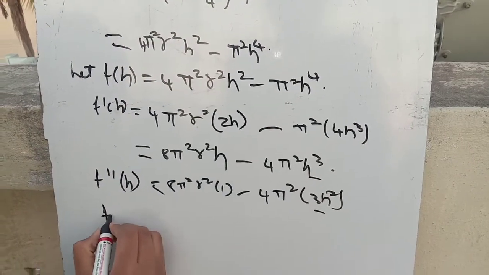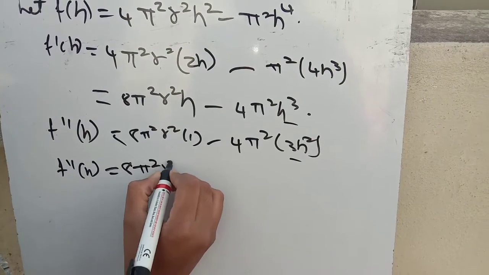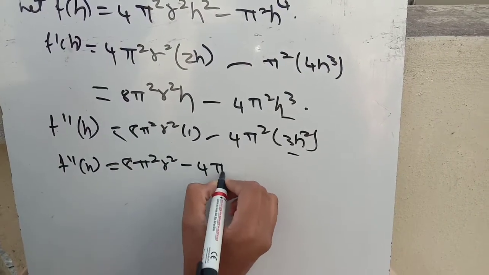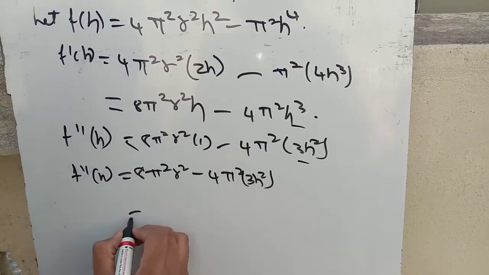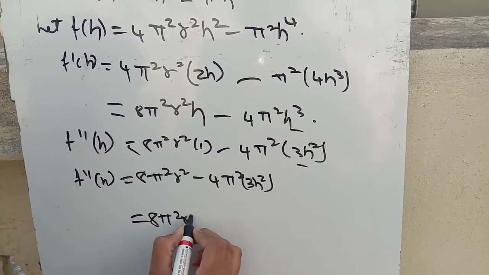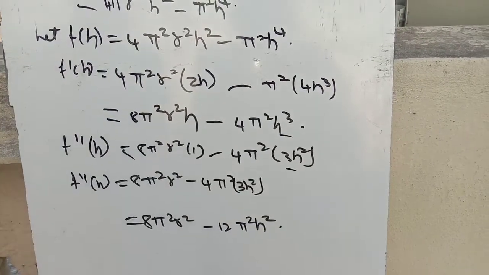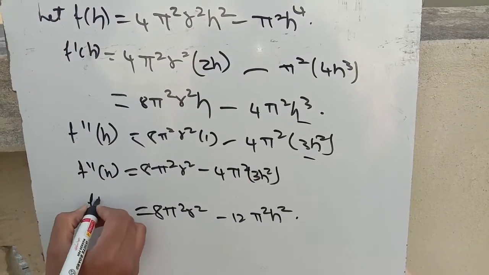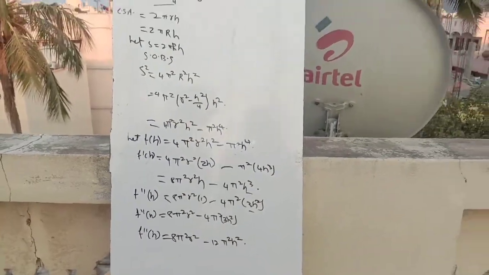So f double dash of h is 8 pi square r square minus 12 pi square h square. This is the second derivative.